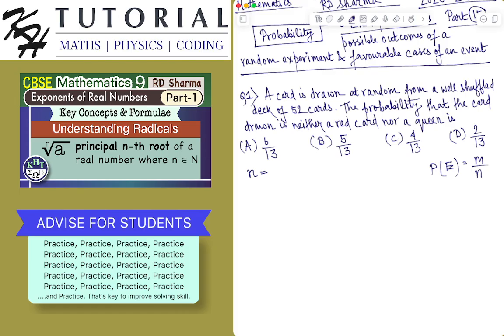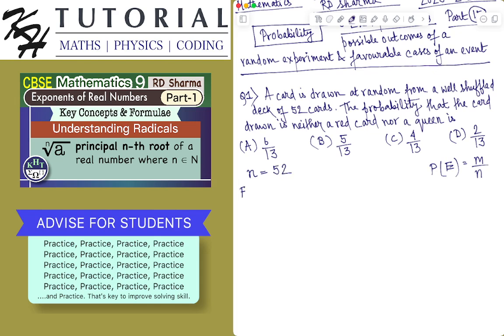And you must understand the event and which of the possible outcomes are favorable to the event E. So small n, the total number of trials for this experiment, is nothing but the total number of cards in the deck, which is 52.